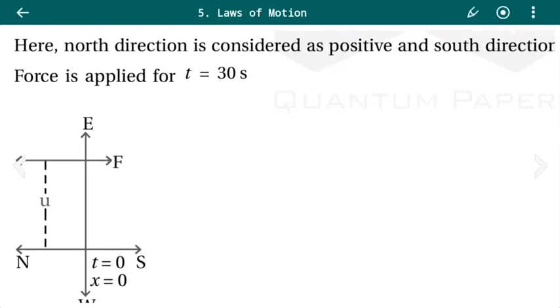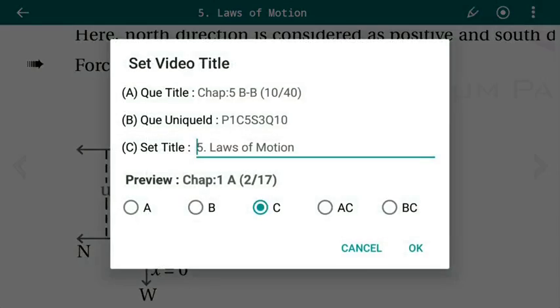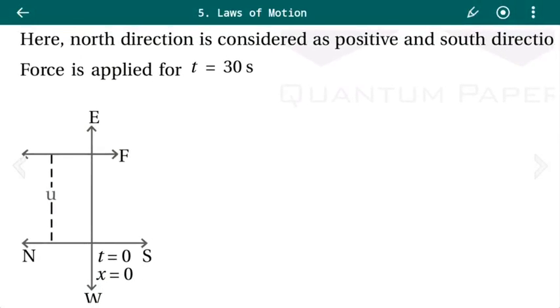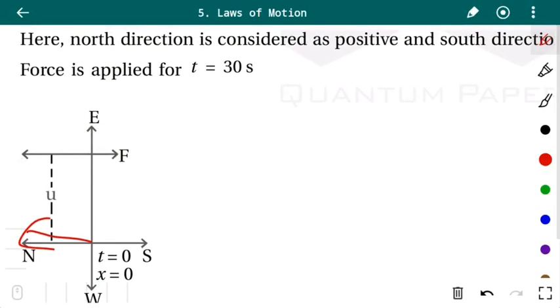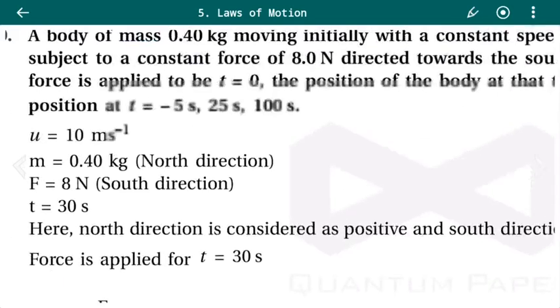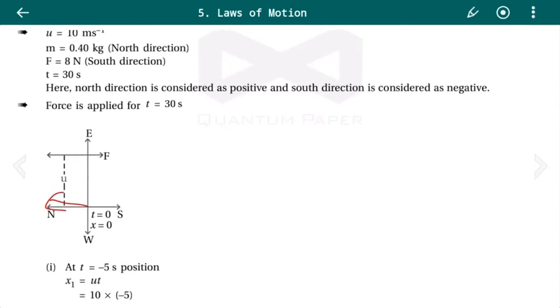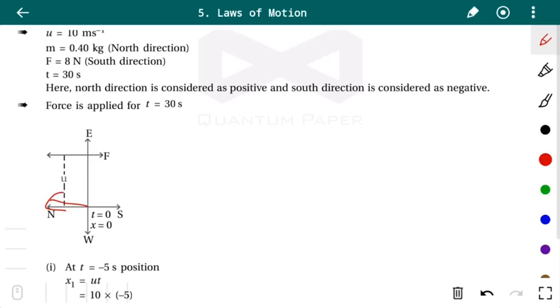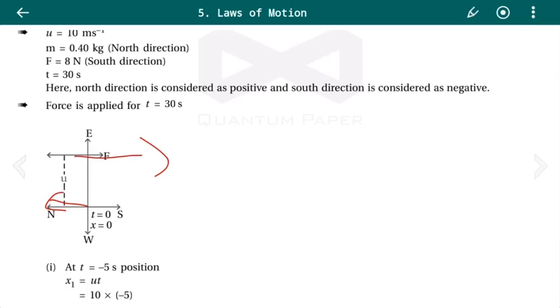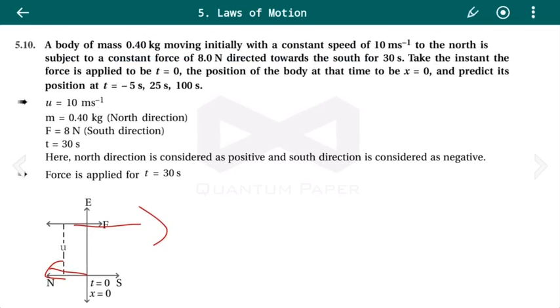So here it is moving towards the north direction. It is subject to a constant force of 8 Newton directed towards the south, and the force applied is towards the south direction. Time taken is 30 seconds.